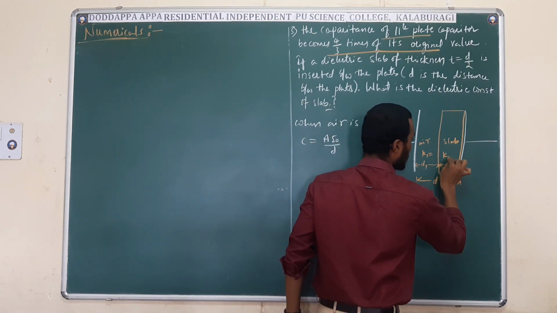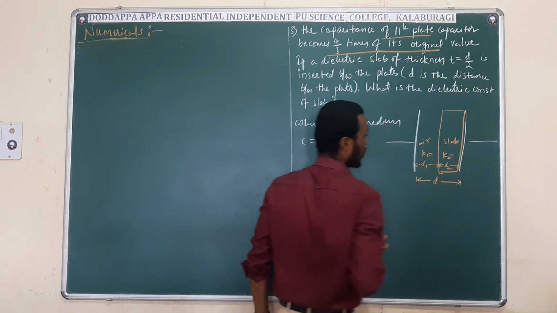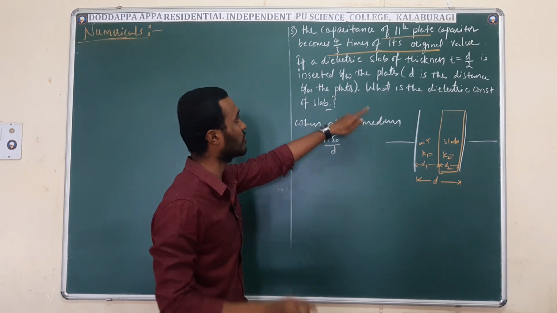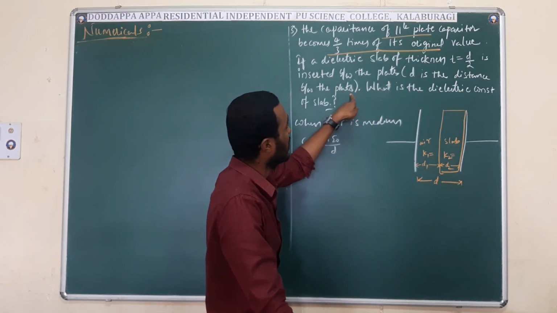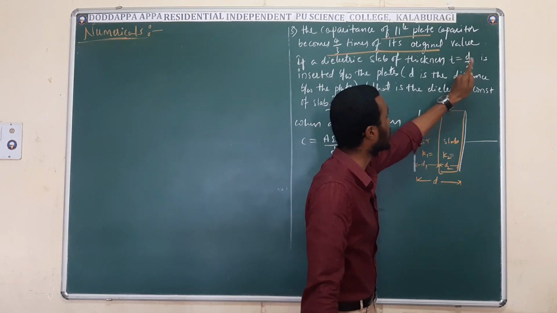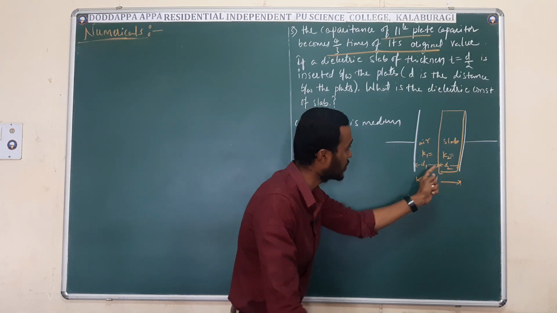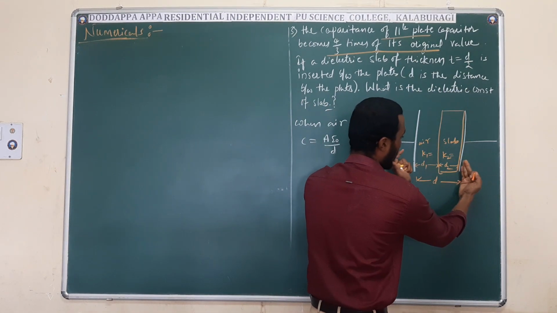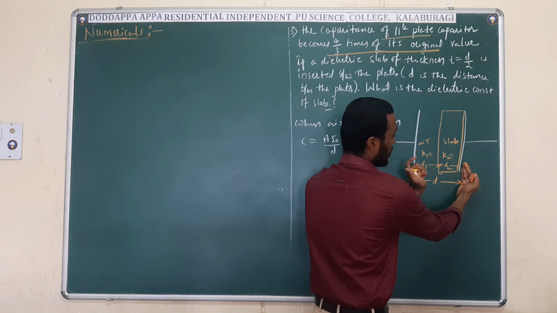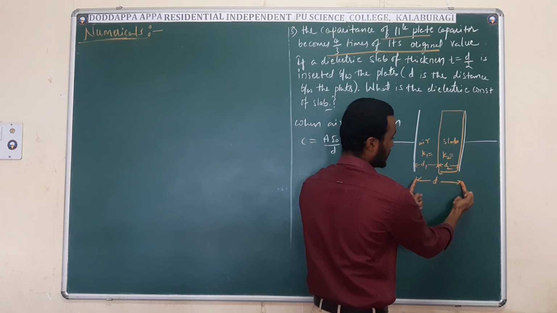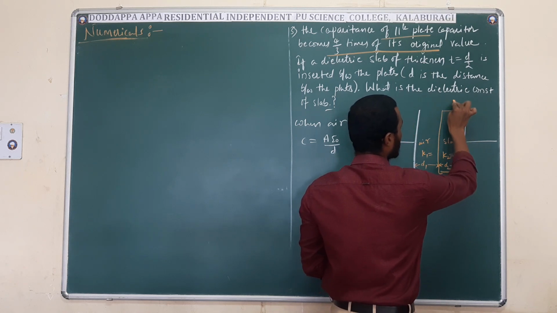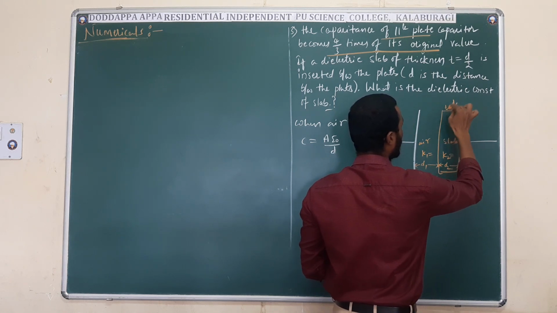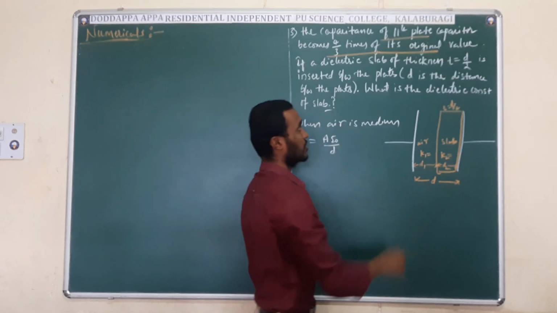For the slab medium, K2 is the dielectric constant. d is the distance between the plates. Here we have introduced d/2 thickness, which means exactly half the distance between the plates. This is d, so d/2 is what we have introduced here.